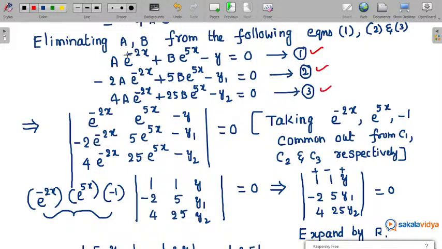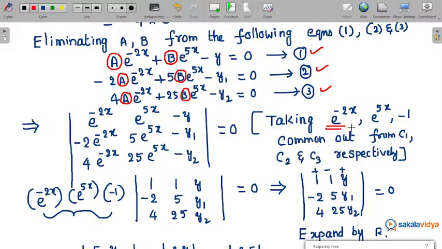Now write the a coefficient and the b coefficient as columns. Here e power minus 2x, minus 2 into e power minus 2x, 4 into e power minus 2x. This is column number 1 of the determinant. Here e power 5x, 5 into e power 5x, 25 into e power 5x. Again write down minus y, minus y1, minus y2 is equal to 0.